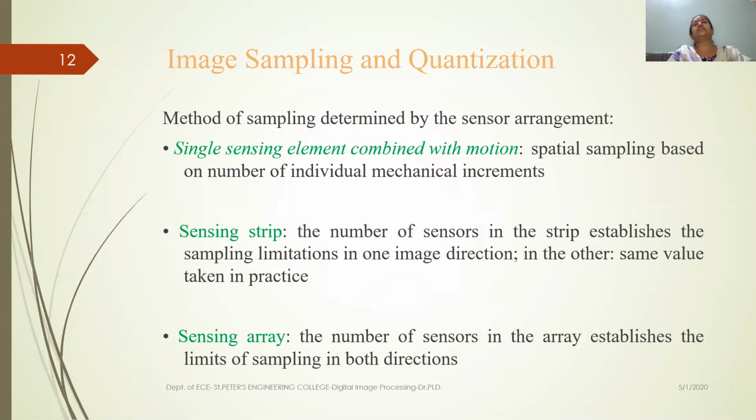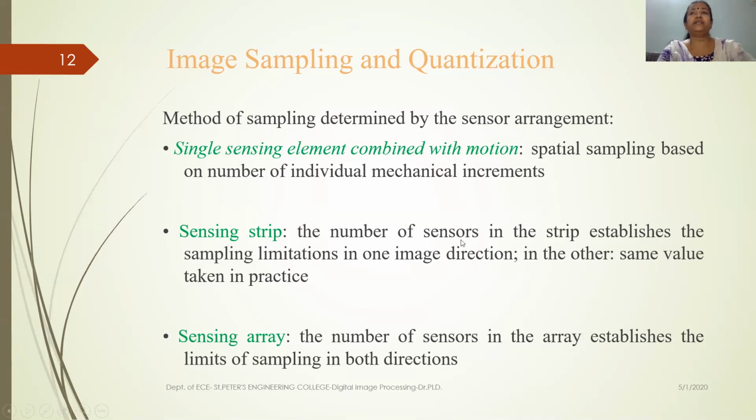How can we do this sampling by the sensor arrangements? We have a single sensing element, a sensing strip and a sensing array. A single sensing element is combined with motion. Extending the single element in a horizontal manner, we call it a sensing strip. Extending the single element or sensing strip row wise, we call it a sensing array.